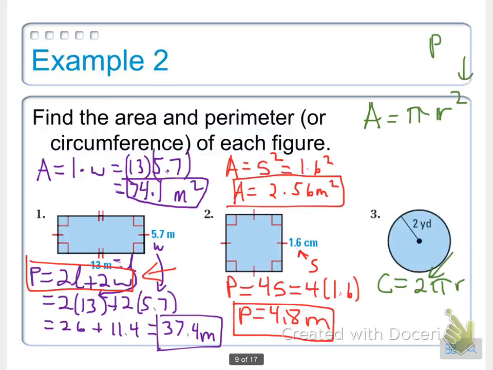This 2 is the power. So don't mix them up. Okay? A equals pi times the radius. Here's your radius, is 2 to the power of 2. That means 2 times 2, which is 4 times pi.